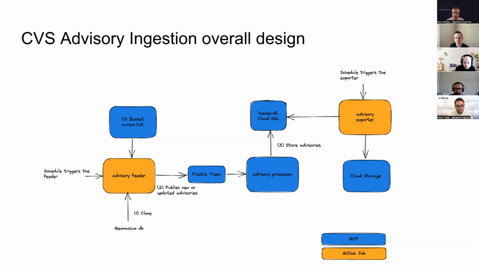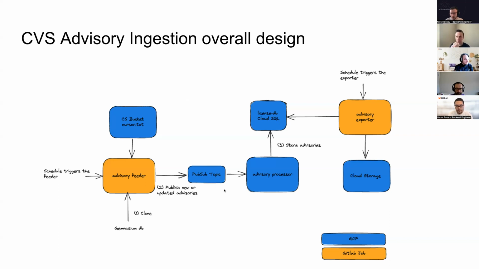The information that we store there is the last commit that we processed last time, so that we don't need to start from the beginning. We can just see the differences between the last processed commit and the latest commit. We will find all the updated or newly inserted advisories, and we are going to publish them on a PubSub topic.